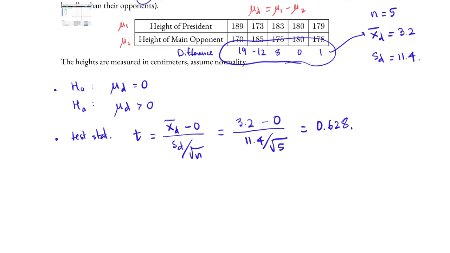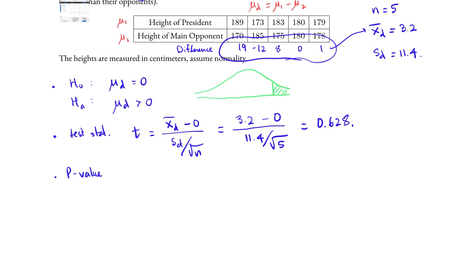The next step is to compute the p-value. To determine the p-value, we need to know whether this is the left, right, or two-tailed test. From the alternative hypothesis with the inequality greater than, we know that this is the right-tailed test, and we computed the test statistic t equals 0.628, and so the p-value is only the probability that t is greater than 0.628.